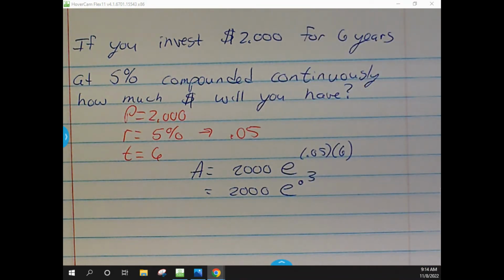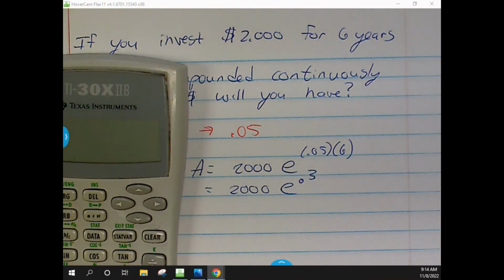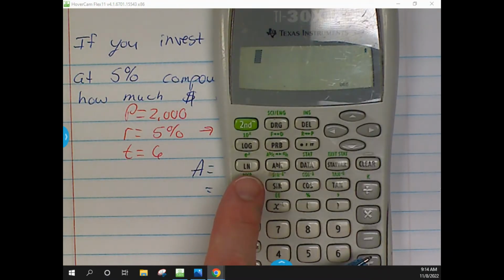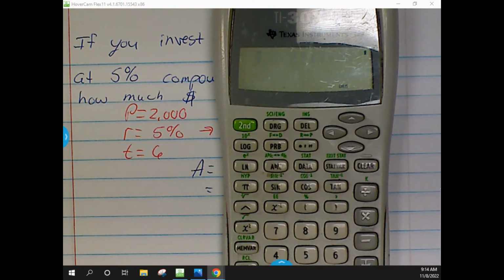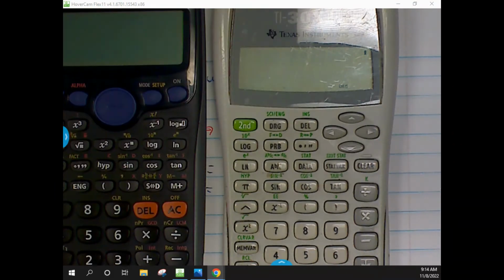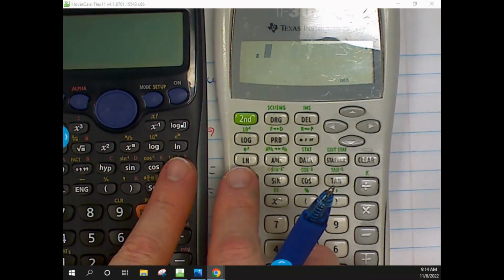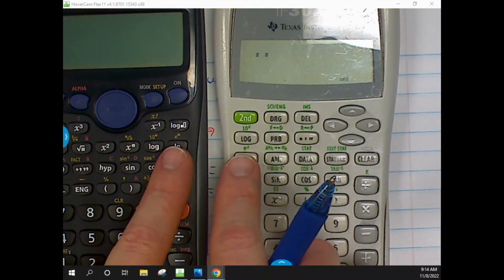Now for your E button, and all the E buttons are always tied together. To find your E button, find your LN button, which on the Texas Instrument is right here. For the Casios, it's normally right here. If you notice, right on top of the LN button, you've got this E button.